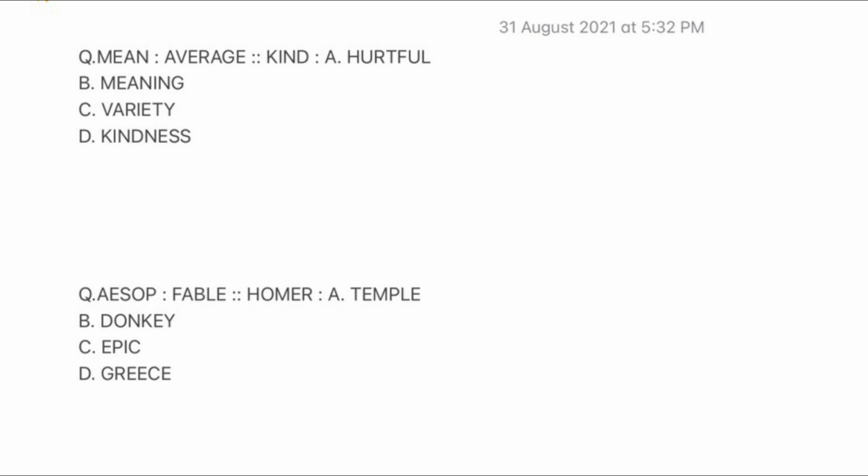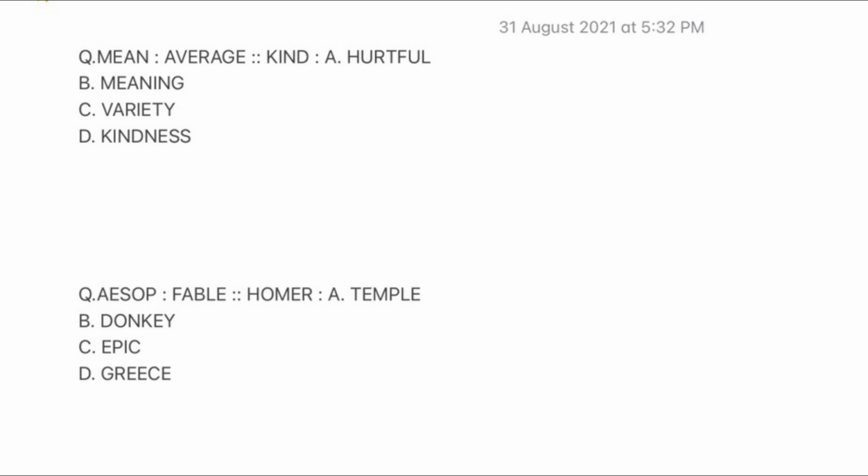And then if you go to the second question, you can see Aesop fable. Okay, so this is what will take you to ancient Greek history. These are the sort of questions where you don't have much knowledge, so you should write them and keep them as notes. You might have heard Aesop's fable. A fable is basically a series of stories written by Aesop. So it was credited as Aesop's fable, and then Homer.